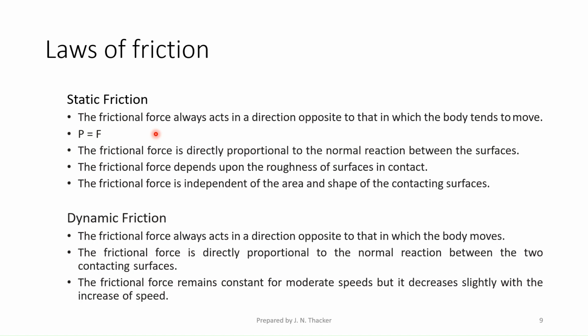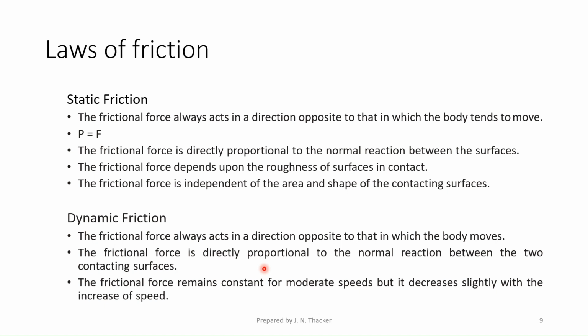Then there are the laws of dynamic friction. So the frictional force always acts in a direction opposite to that in which the body moves. Now in dynamic condition, it does not tend to move. The body is already moving, so friction acts against the motion. The frictional force is directly proportional to the normal reaction between the two contacting surfaces. It's the same for static and dynamic both.